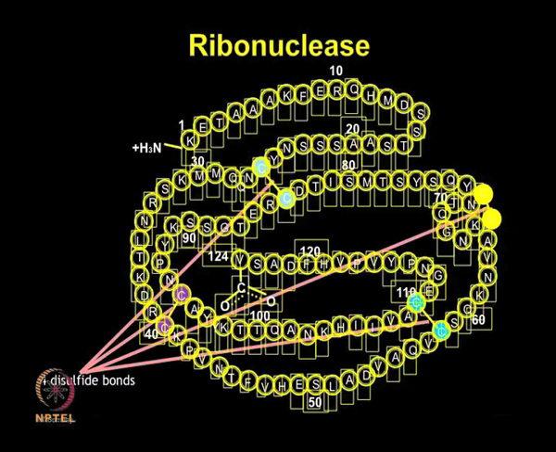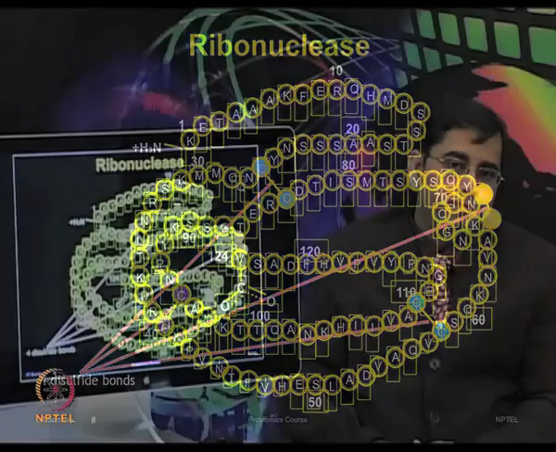As you can see in the structure, ribonuclease has 124 amino acid residues and it forms 4 disulfide bridges, which are located between the cysteine residues of 26 and 84, 40 and 95, 58 and 110, and 65 and 72. This protein catalyzes the hydrolysis of RNA.